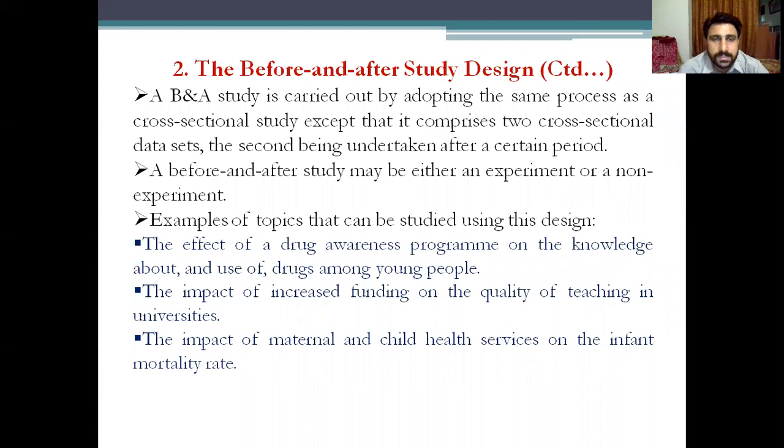Now, the before and after study design is carried out by adopting the same process as a cross-sectional study, except it comprises two cross-sectional data sets, the second being undertaken after a certain period of time. A before and after study may be either an experiment or non-experiment.